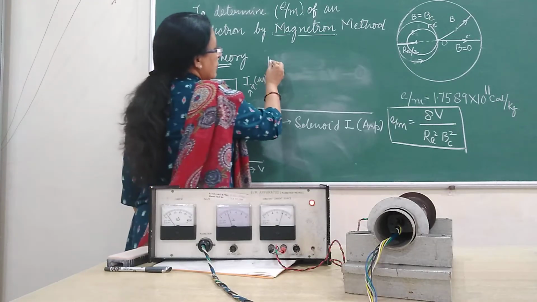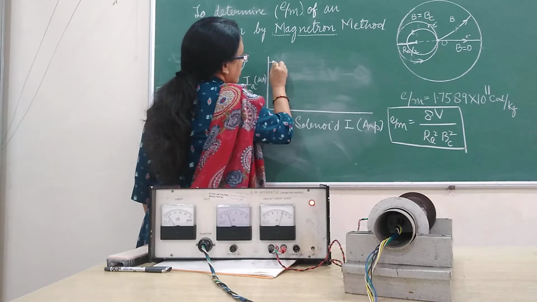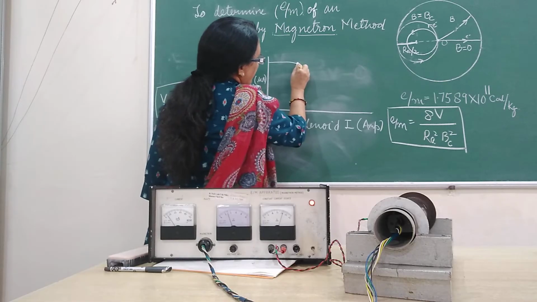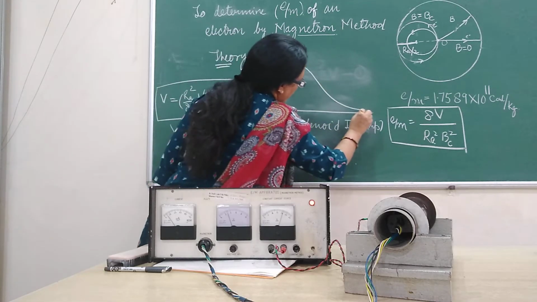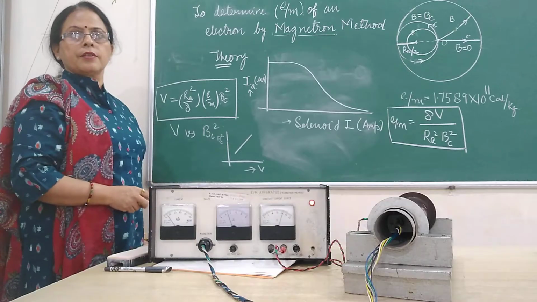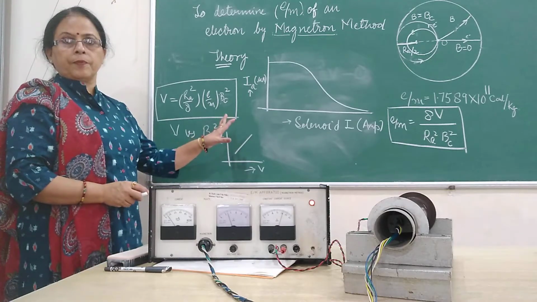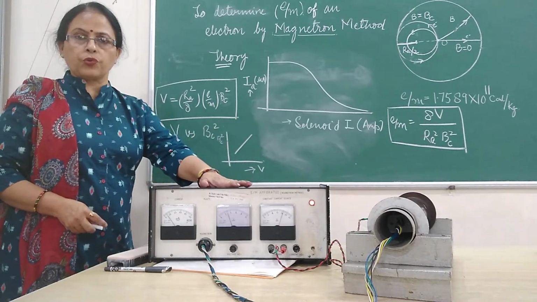So the curve comes out to be something like this. This is the curve we obtain with the help of the readings which I just showed to you.